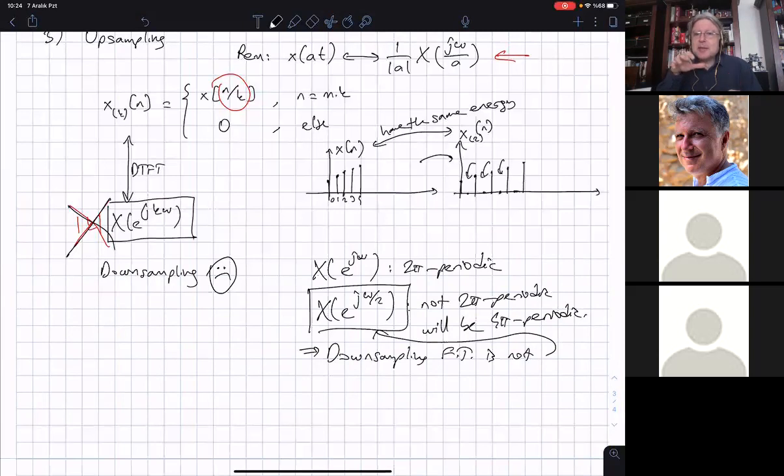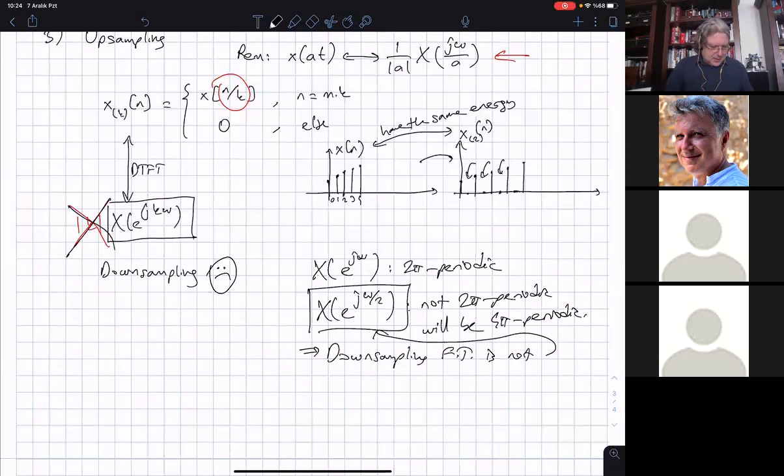But for the time being, you will be responsible only for upsampling, whose Fourier transform is easy. It's there, and it is logical, easy to understand. The other one, the downsampling's Fourier transform, I can write down the formulas if you wish, but you won't be responsible for those things. So I'm just totally omitting this one, and I'm forwarding you to the digital signal processing courses.